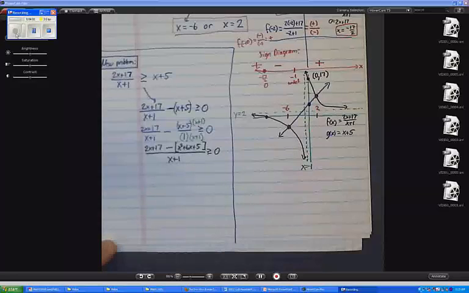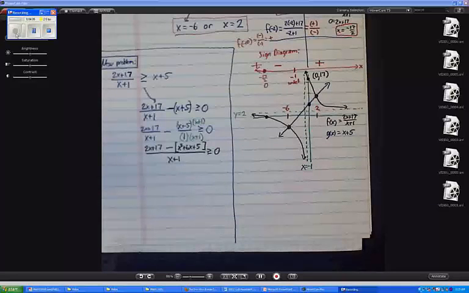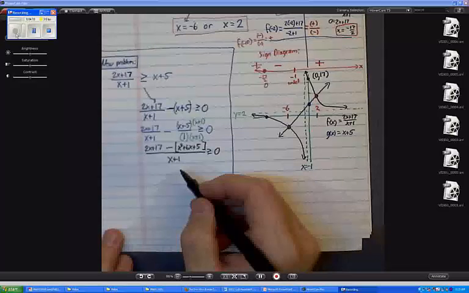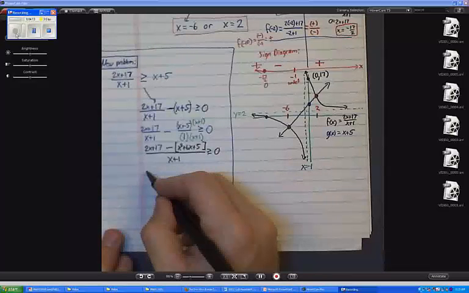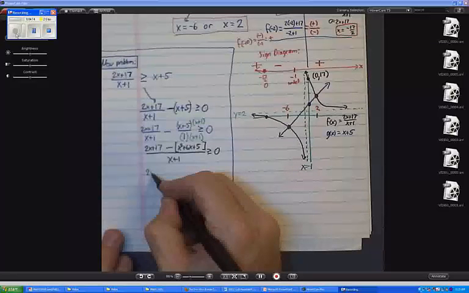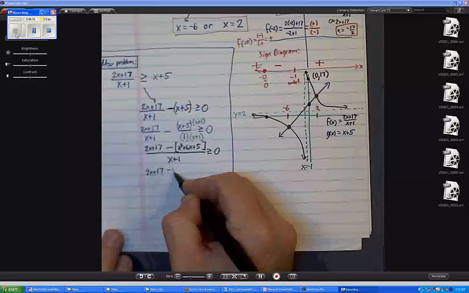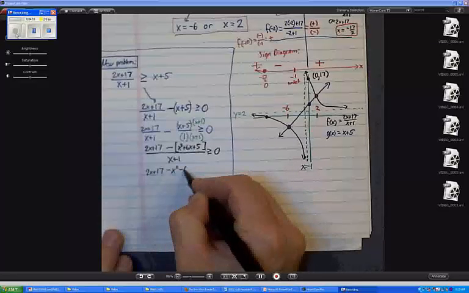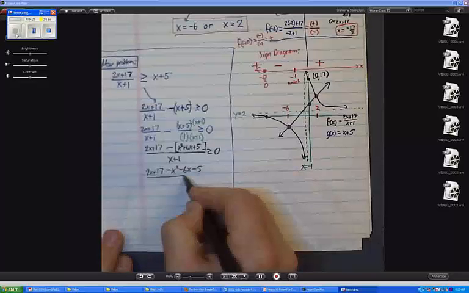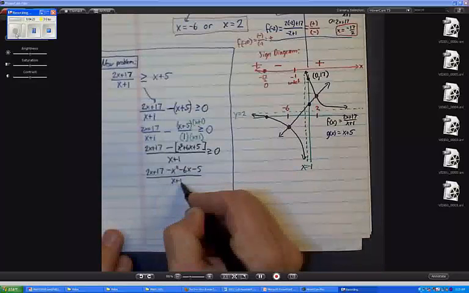All right, I'm getting there. So now, what I'm going to get next is, let's see, 2x plus 17 minus x squared minus 6x minus 5 over x plus 1 is greater than or equal to 0.